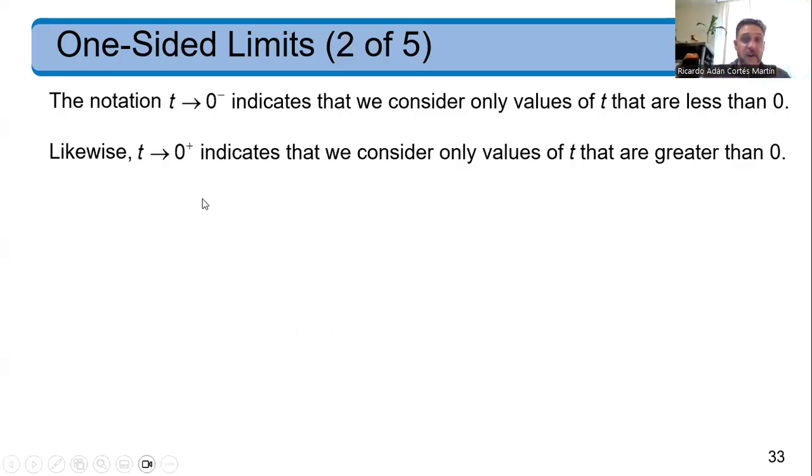Okay, so when we put this like t tends to zero minus or t tends to zero plus, that is the meaning that we are approaching from the left side or from the negatives or from the positive side, okay? From the right side. That is the meaning of this.